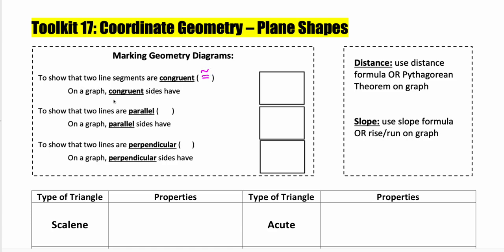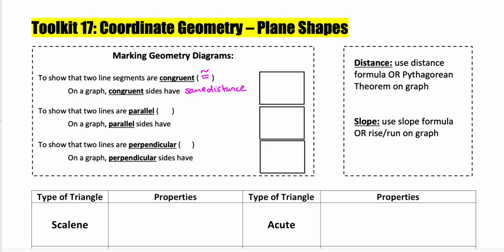So on a graph, congruent sides have the same distance. So we want to show the congruency, the equal size, which is the same distance, and also the same shape. So that way they are both lines. That's how we know that they would be congruent. They are the same shape and same size.